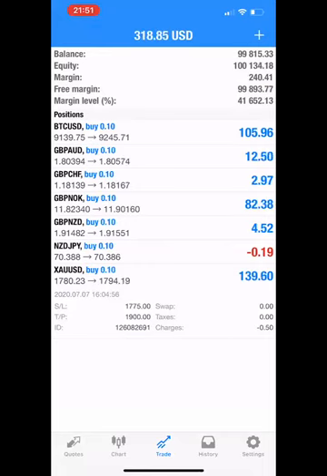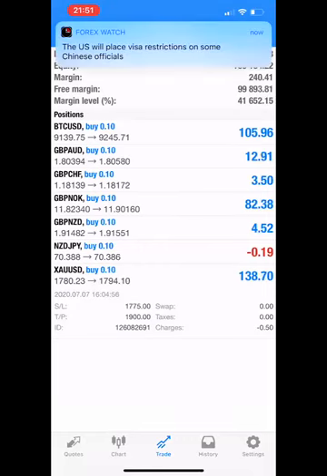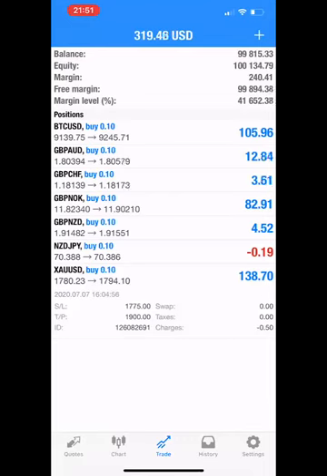My stop loss is at 1775. Right? If I move my stop loss into my entry point, that means the trade will become risk-free.